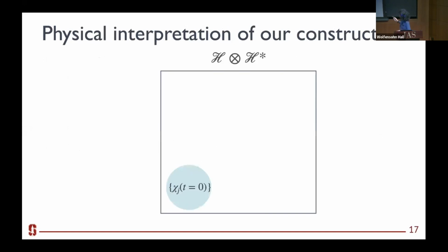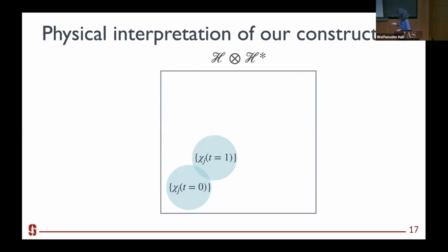Okay, so you can actually ascribe a physical interpretation to our reconstruction. So this is a picture you should have in mind. You start off with your boundary operators, perhaps n of them at time equals 0, and you build up the bulk by considering or adding up the boundary operators at different times. And these are going to be linearly independent sets of operators with respect to the anti-commutator.